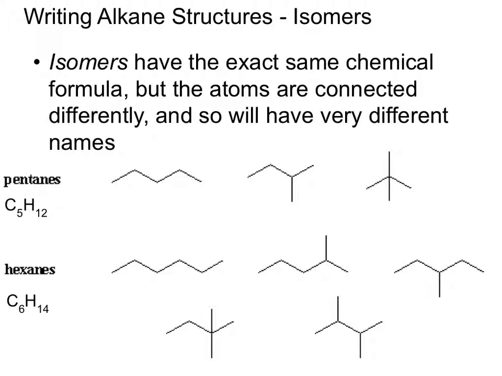And in this compound, we have 3 hydrogens on this carbon, 3 on this carbon, 3 on this carbon, and 3 on this carbon for our total of 12. Note that this central carbon does not have any hydrogens on it because it already has 4 bonds.